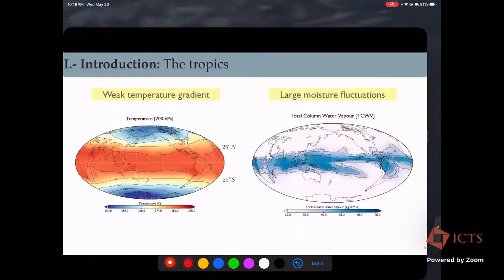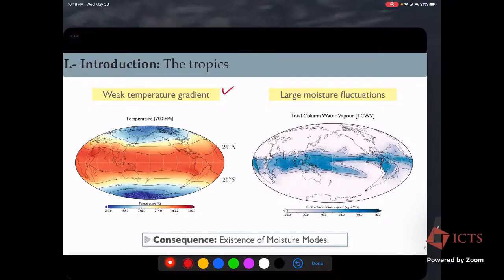Okay, let's go back to the tropics. We can say there are two main features that characterize the tropical region. First of all is the weak temperature gradient, which is observed over this domain. This is temperature at 700 hectopascal, shown in this 25 north, 25 south domain.